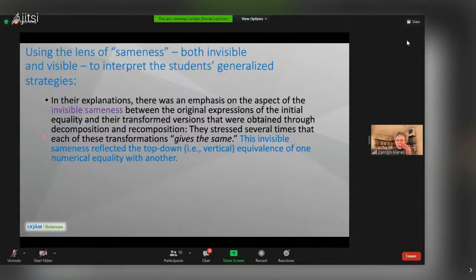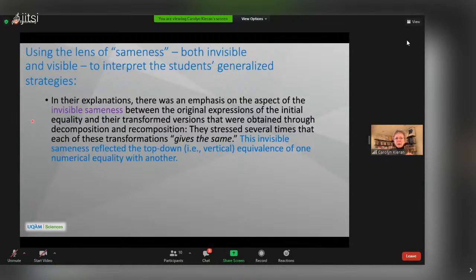If we use the lens of sameness, we can talk about the invisible and visible sameness that the students referred to when we interpret their generalized strategies. In their explanations, there was an emphasis on the aspect of invisible sameness between the original expressions of the initial equality and their transformed versions that were obtained through decomposition and recomposition.